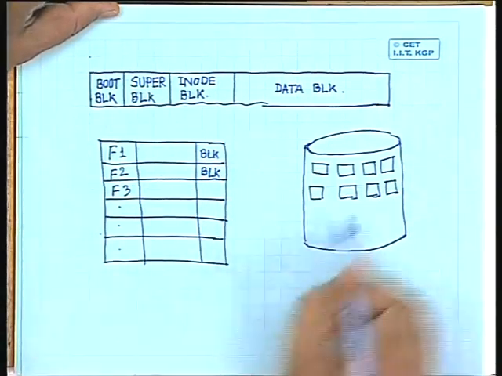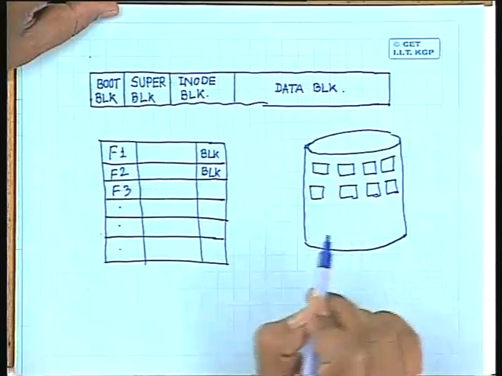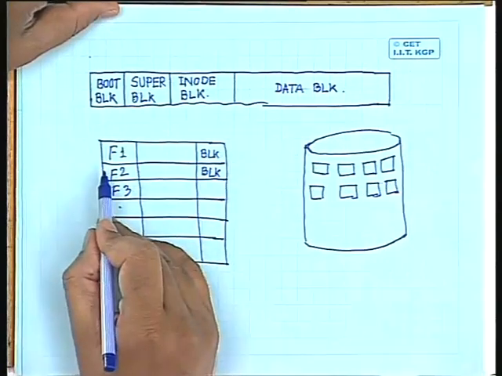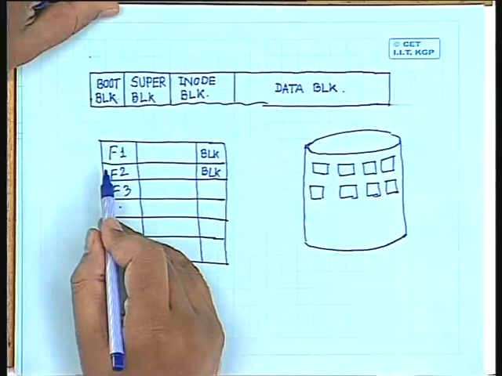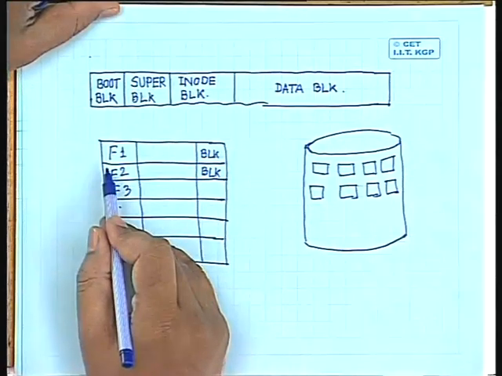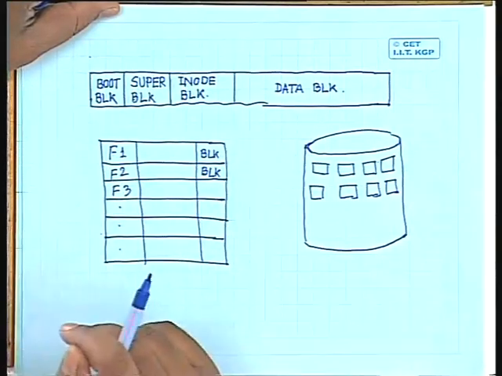So one way to keep track of what are the blocks which contain the data of say file F1, I can go for different kinds of block allocation. One kind of block allocation can be contiguous block allocation.